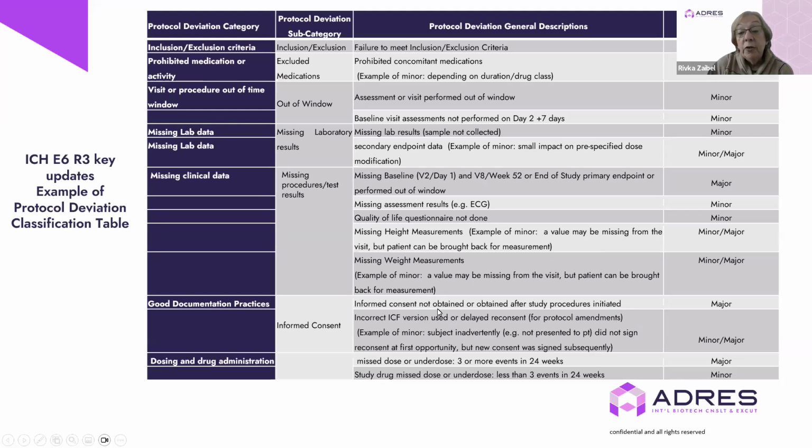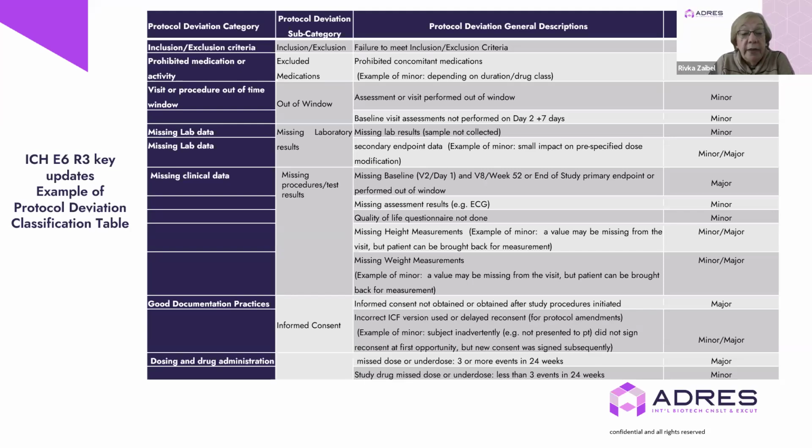Informed consent not obtained or obtained after study procedures initiated. This is a major protocol deviation, for instance. Incorrect ICF version used or delayed reconsent. Again, that might be minor or major depending on what the differences were and what the reason for that is.